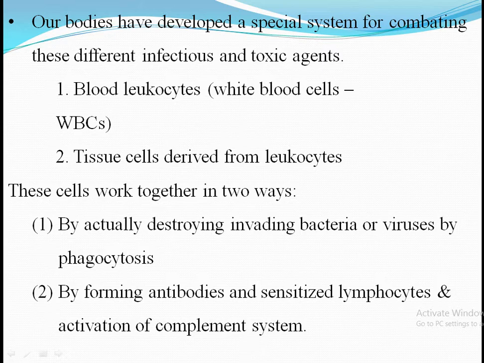We will discuss the details of all these mechanisms, but here I want to describe the main difference of these two mechanisms. If the invading agent is smaller in size and the infectious agent is causing less harm, then it can be phagocytosed very easily.